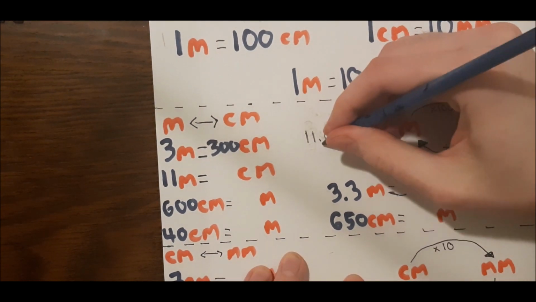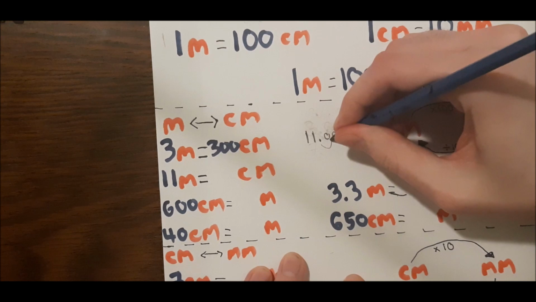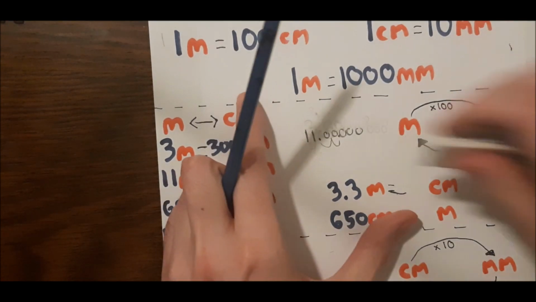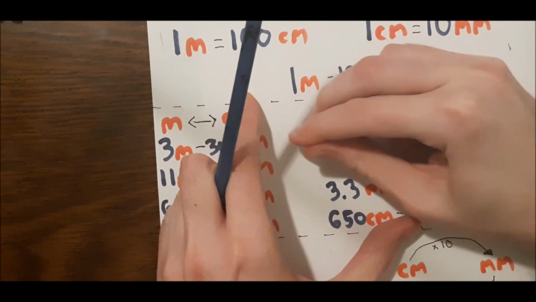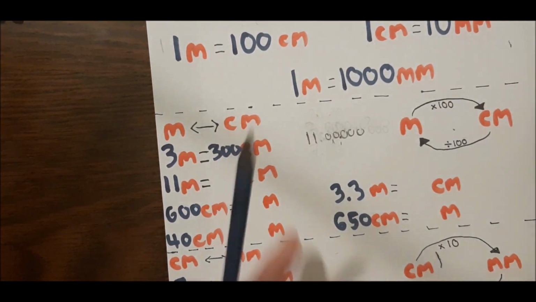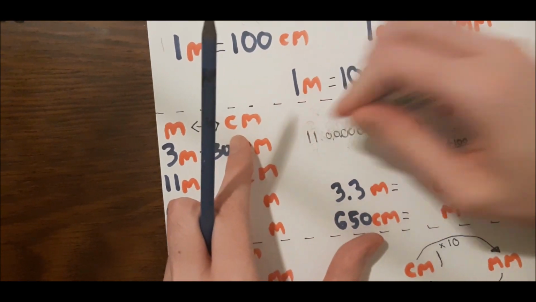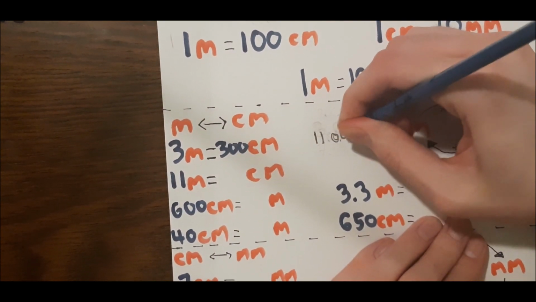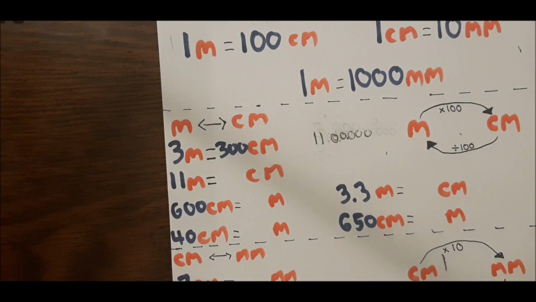So, all we got to do is move this little decimal here 1 spot, 2 spots to the right. Puts it in there. Get rid of the original decimal, because you can't have 2 decimals, right? Now we've got 1100 decimal. That's 1100.